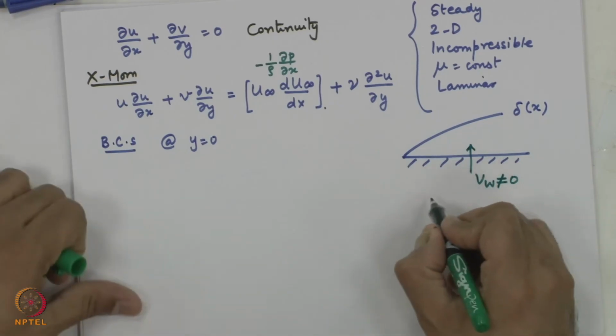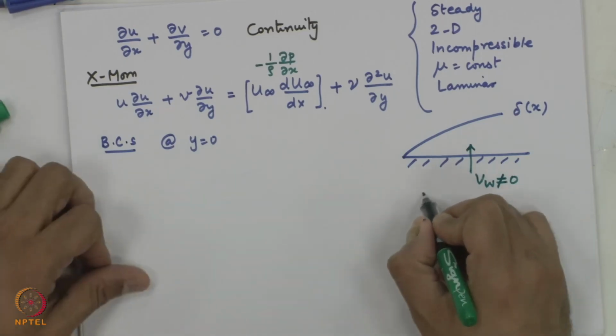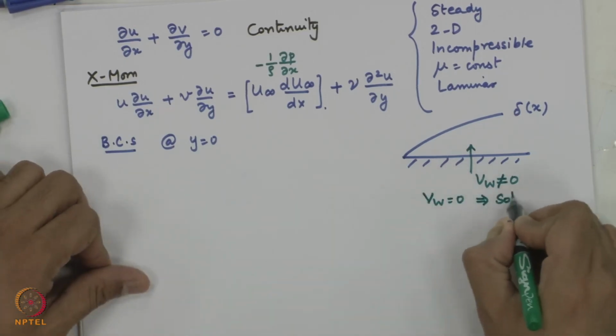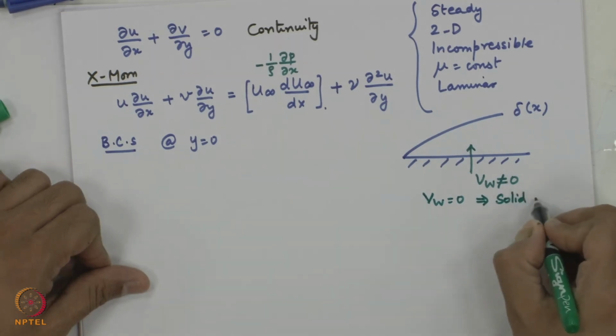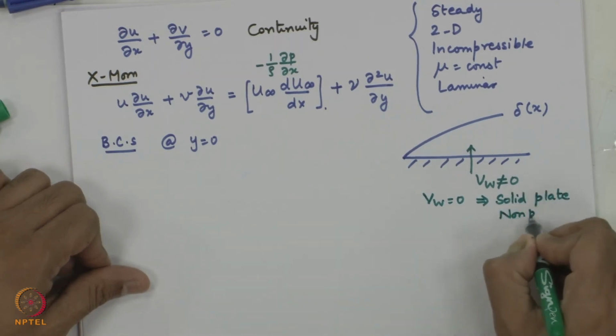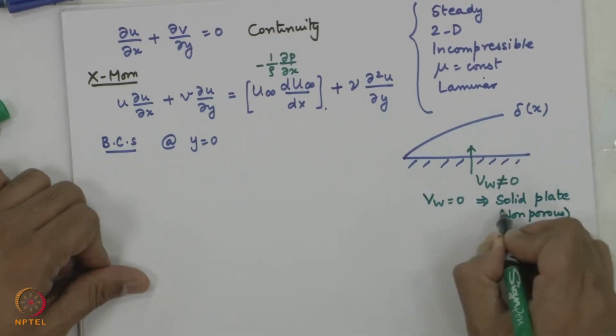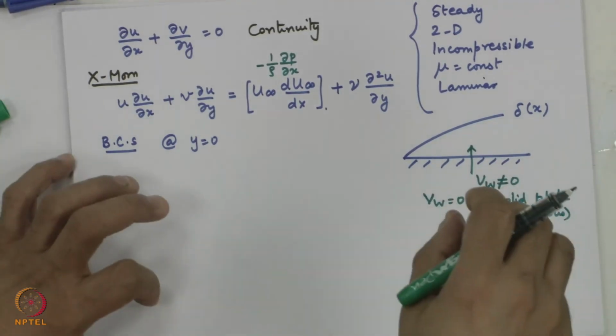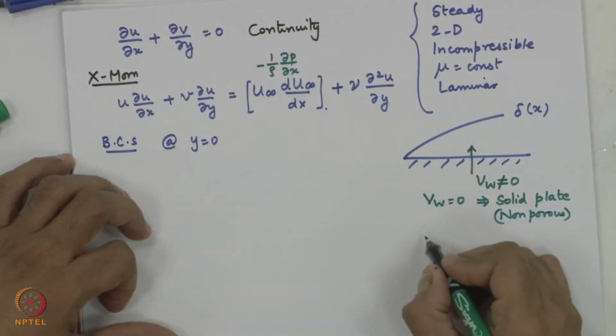What is Vw? Vw equal to 0 implies the case of a solid, non-porous flat plate, which means there is no mass flow coming in or leaving the plate in this direction.